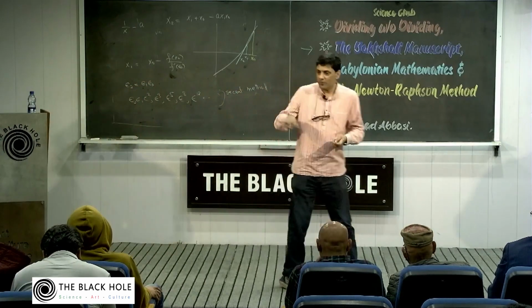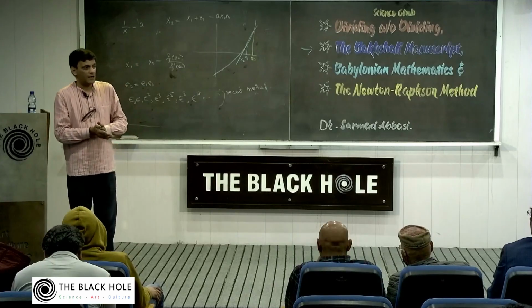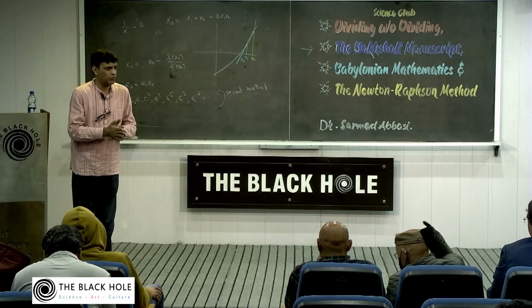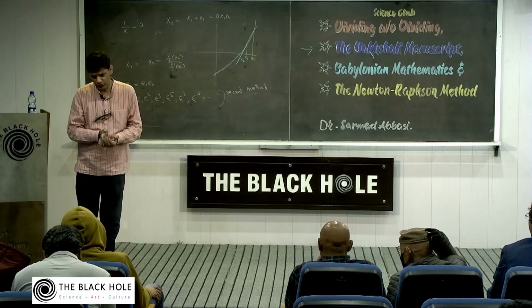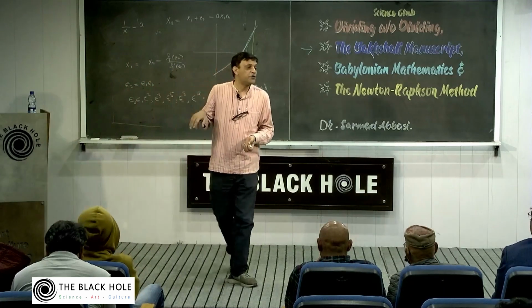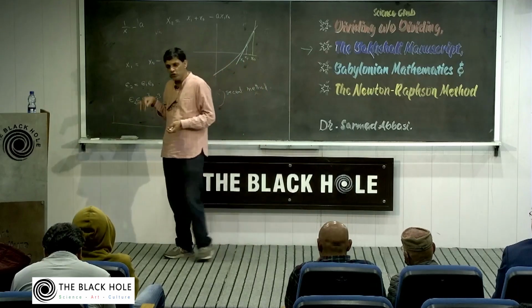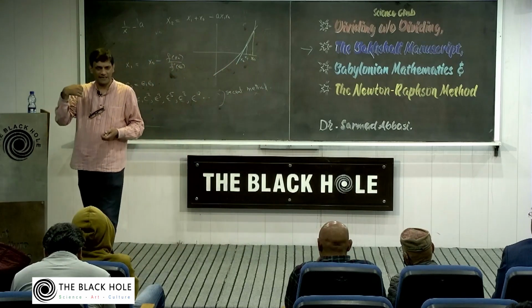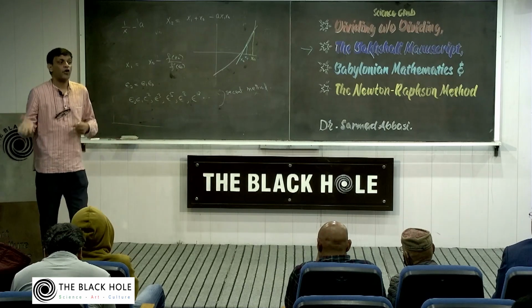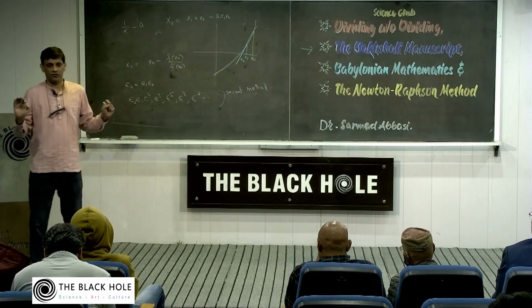This analysis I've done for a particular function. But if you know something called Taylor's theorem, which all of you do, but I'm not allowed to write it down because it's supposed to be too difficult, then you can prove that the convergence of Newton's method is quadratic for all reasonably well-behaved functions.